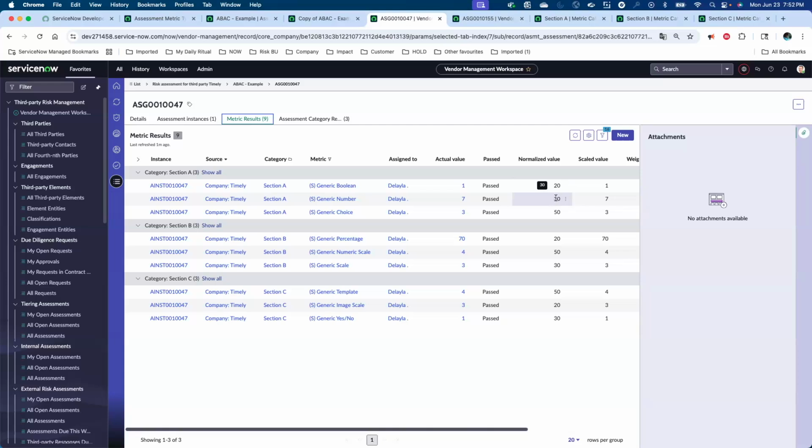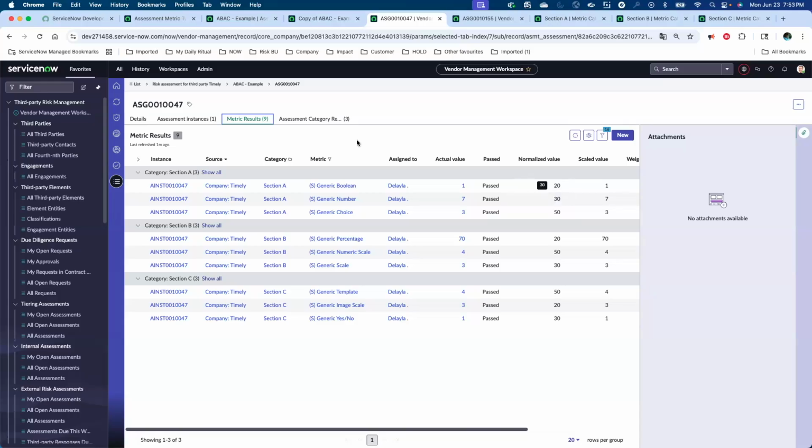So 100 multiplied by 30 by 100 comes to 30. Same thing for this. So this is 50 multiplied. The evaluation was 100, so 100 multiplied by weighted average 50 by 100 is 50. So this is how the normalized values were calculated.